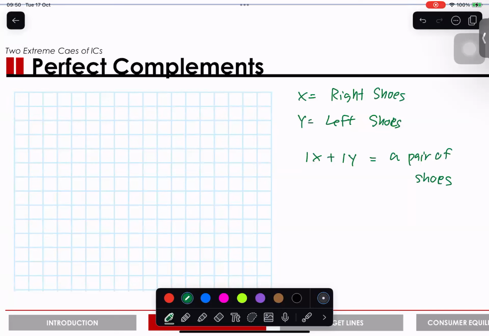Suppose this is a classic example to obtain the indifference curve for this case. The two goods must be used together in a fixed proportion. Here, 1 left shoe plus 1 right shoe become a pair of shoes that can walk. So the fixed proportion here is 1 and 1.